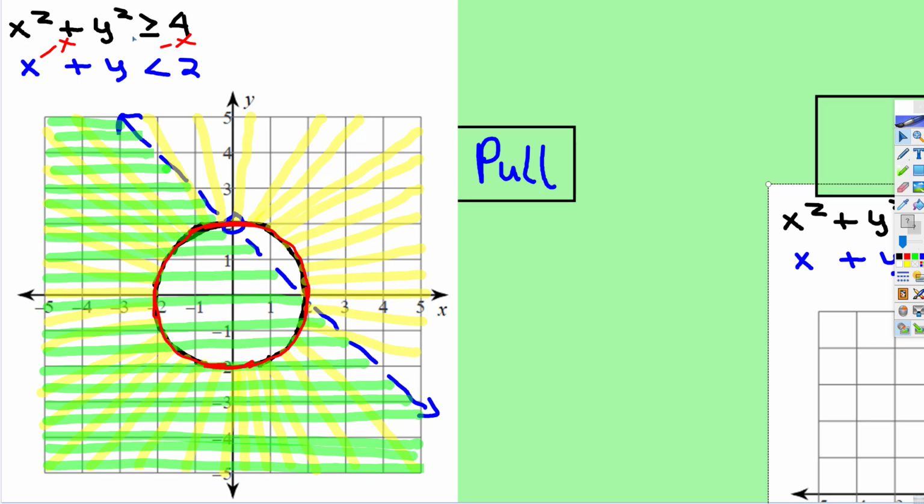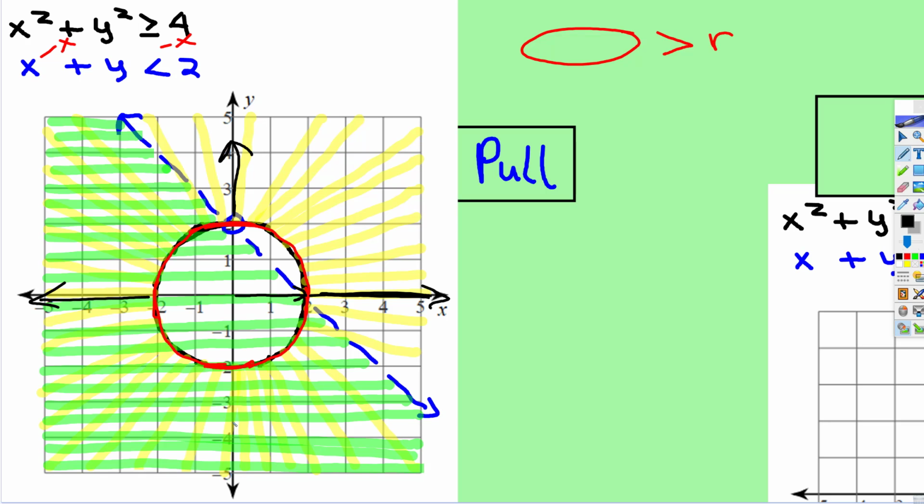So for the circle, this is essentially saying that everywhere is going to be greater than the radius of 2. Well, if the radius from here to here is 2, everywhere bigger than 2 is out here. So notice everywhere on the outside of that circle is the yellow highlighter.